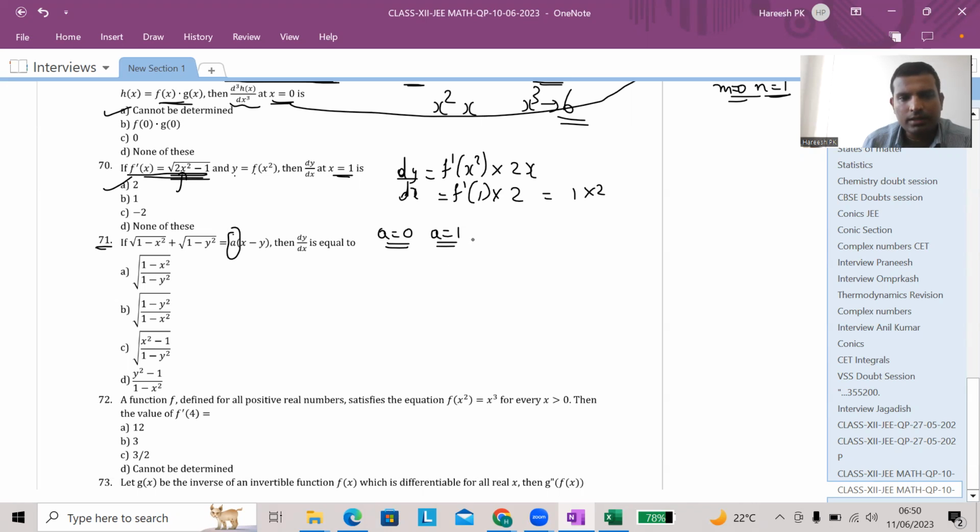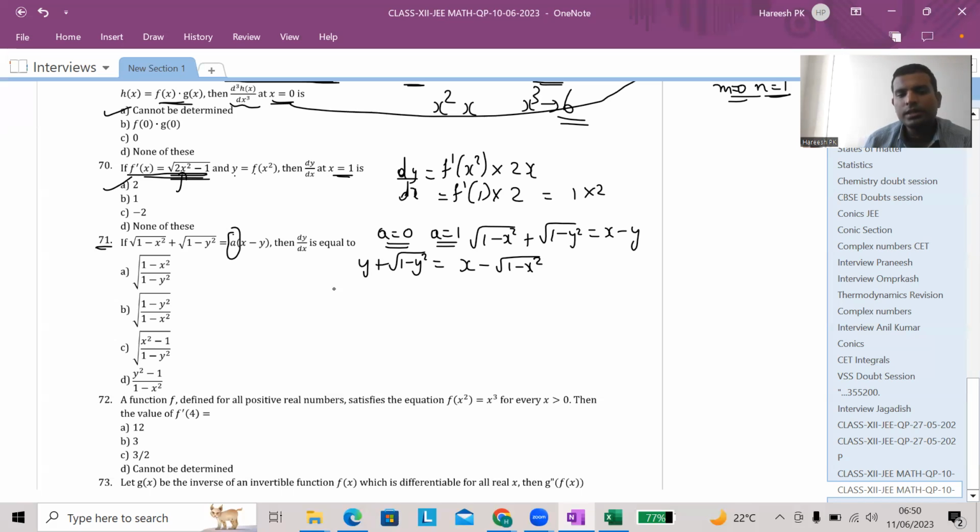Then we end up getting root 1 minus x square plus root 1 minus y square is equal to x minus y. So now bring all the y terms to one side. So you'll get y plus root 1 minus y square is equal to x minus root 1 minus x square.